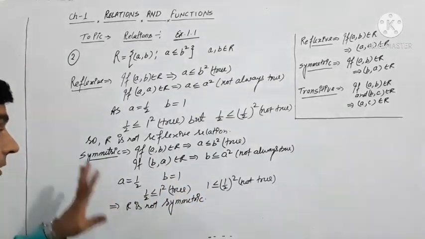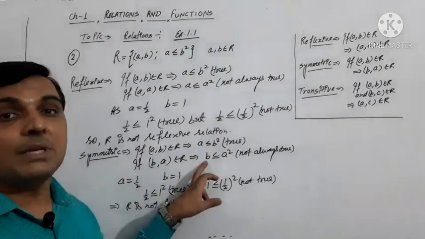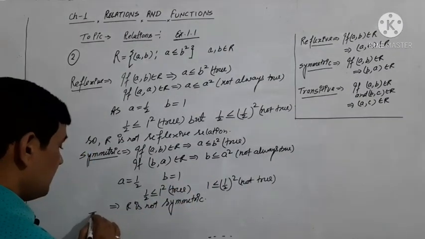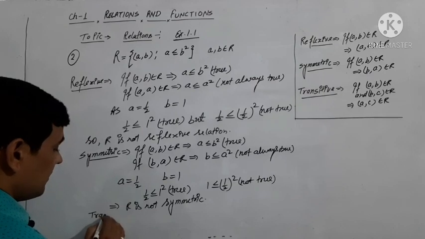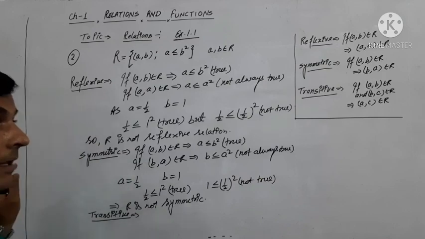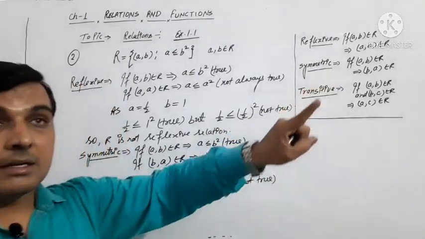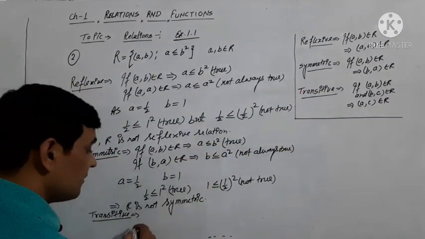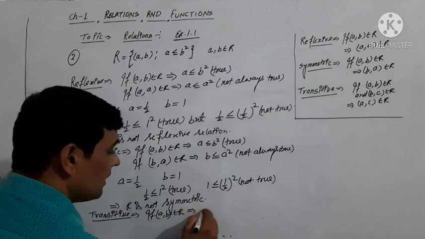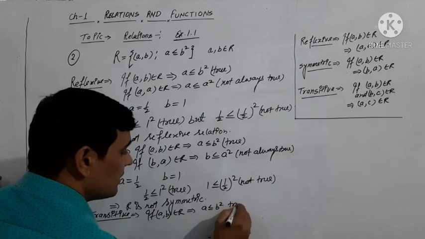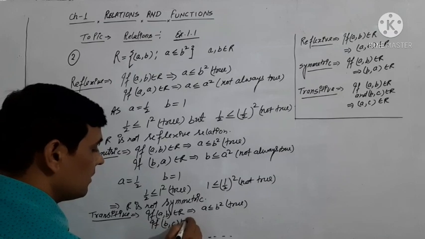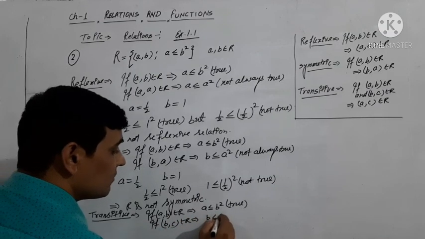There are so many examples for which this condition will be true and this will not be true. Is it clear? Now come to the third type, transitive. What is a transitive relation? If this condition is valid, then the relation will be transitive. So we are checking for transitive. If a comma b belongs to R, then a is less than or equal to b squared. This is the given condition, so it is true. If b comma c belongs to R, then b is less than or equal to c squared.